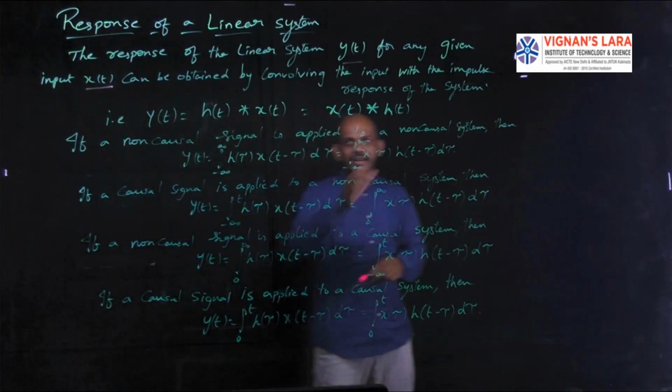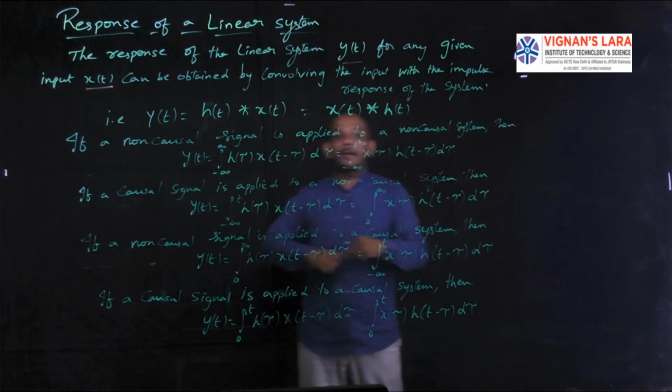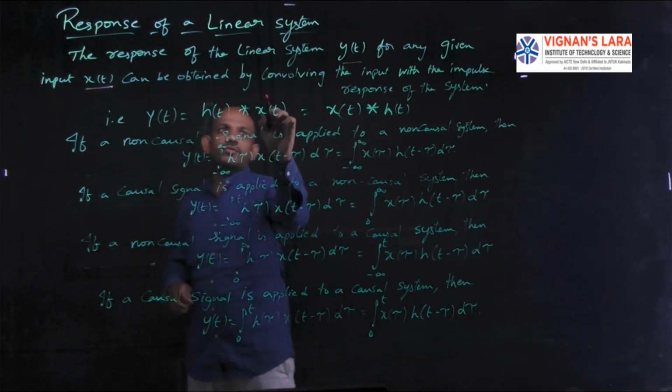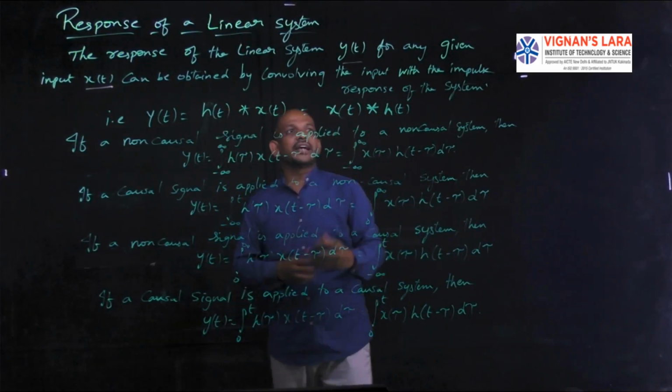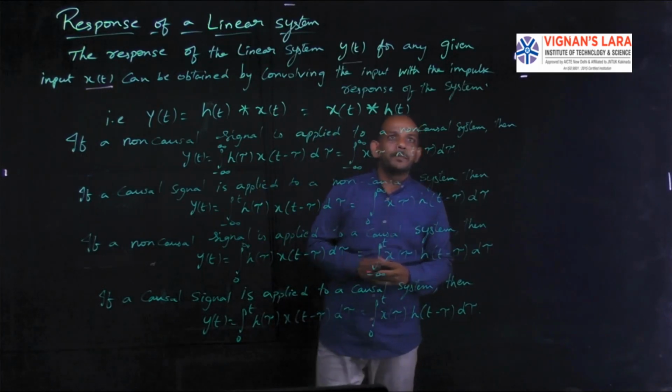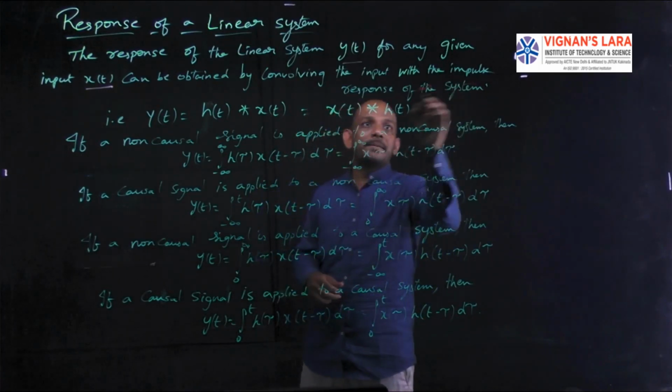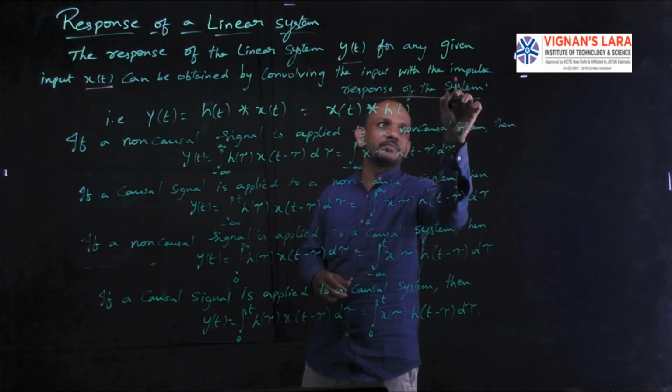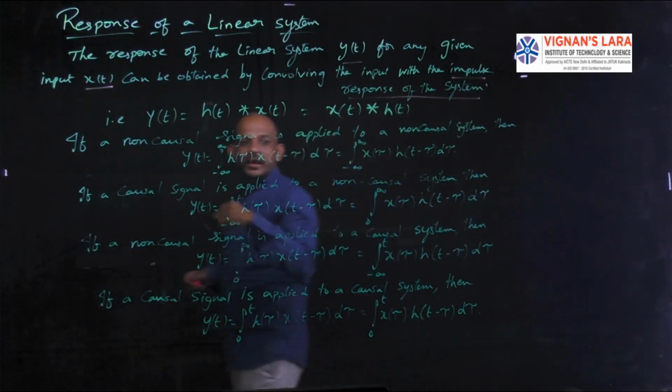So for any given input x of t, the response can be obtained by simply convolving the input with the impulse response of the system.